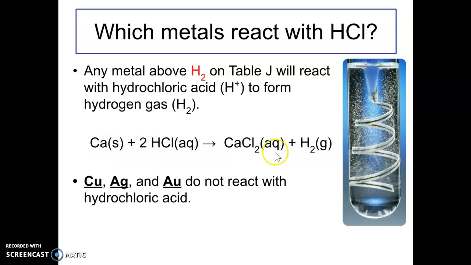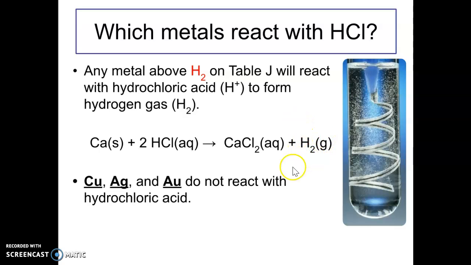And we see that here you form calcium chloride and hydrogen gas, which, I don't know if you remember, during several of our lessons I attempted to and successfully did ignite hydrogen, and it was a fun little explosion. So, whew.